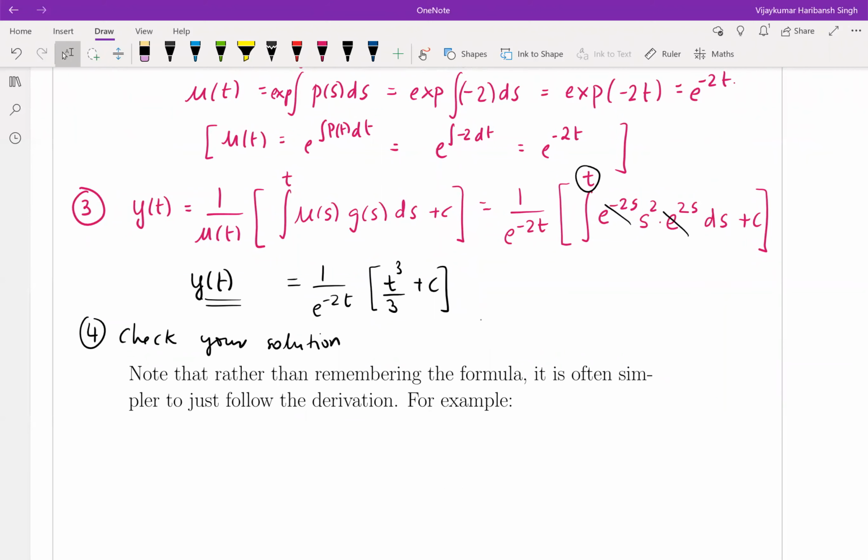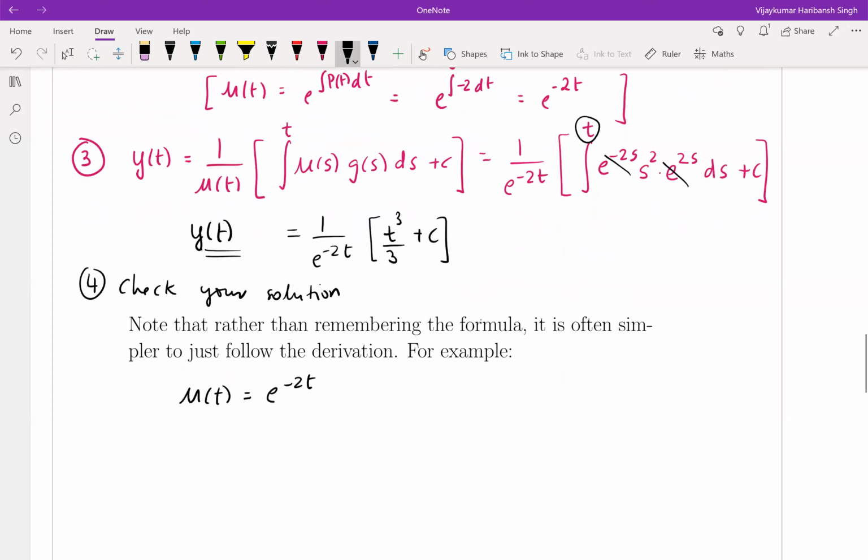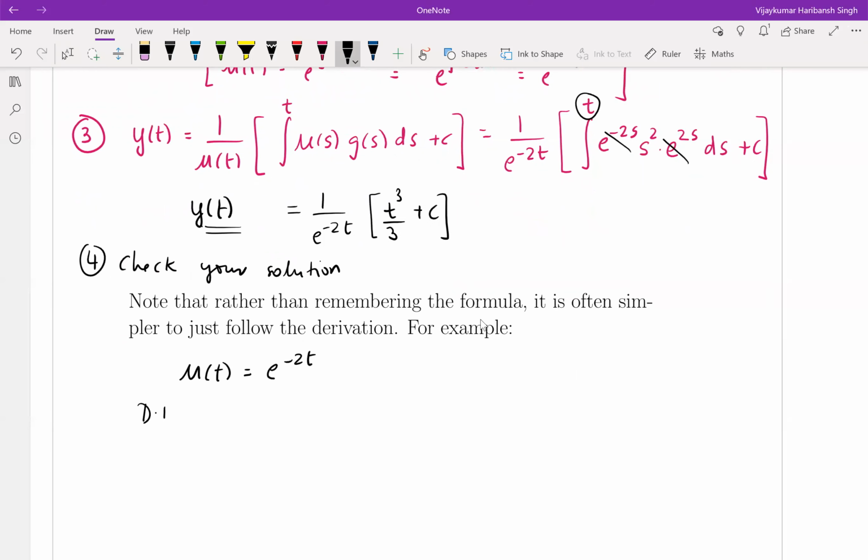What do you mean by derivation? Well, you know that mu of t we have computed earlier. It's e to the power minus 2t. That we have done already. So we multiply throughout the differential equation by mu of t.